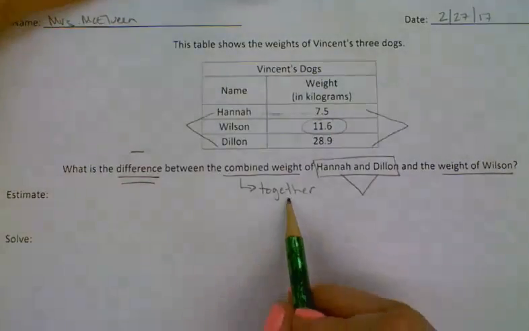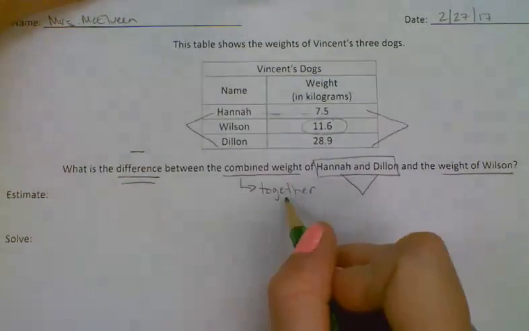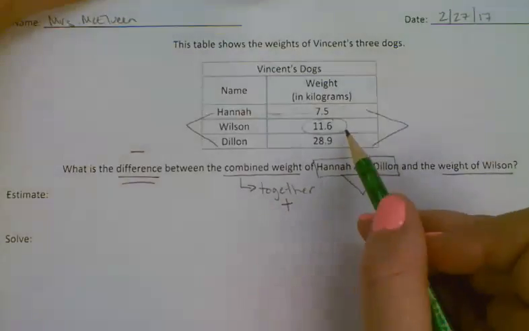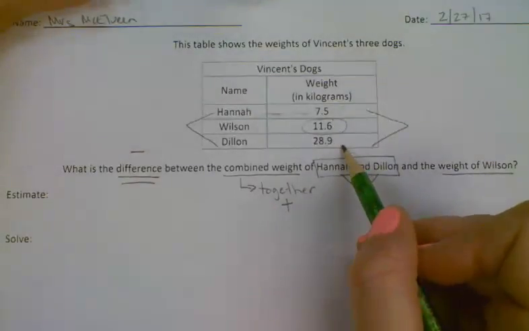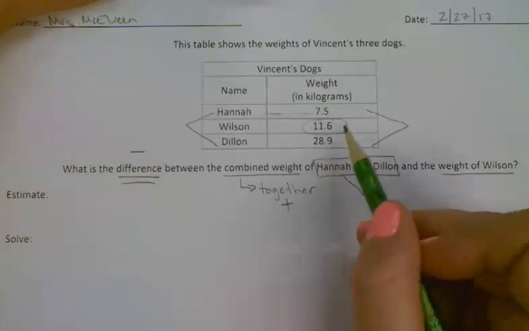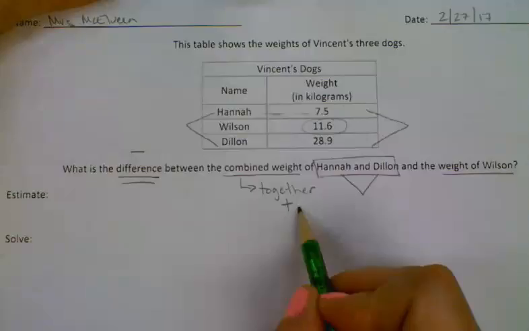If I'm putting something together, it usually means I'm going to add or multiply. But because these are 2 different numbers, they're not repeating numbers. I'm not doing repeated addition. I'm just doing single addition with 2 separate numbers. Multiplication doesn't work.